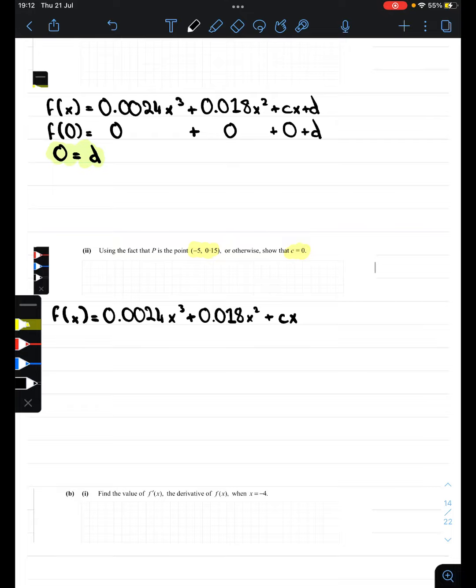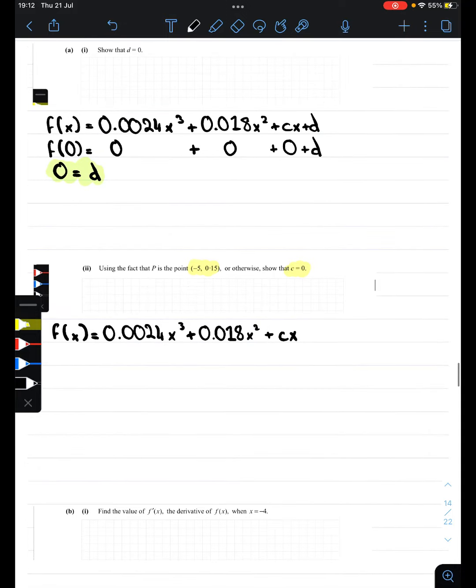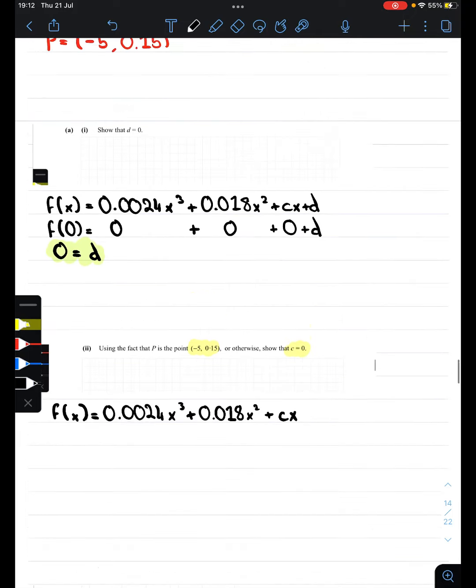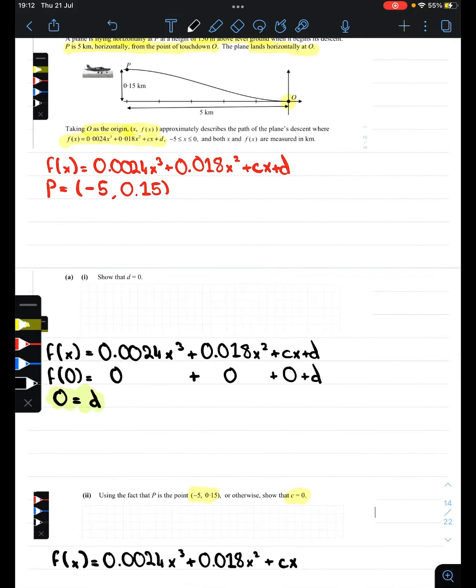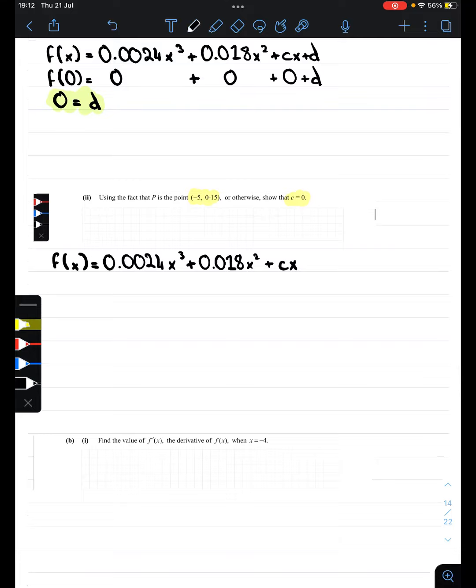Are there any points that we know, the x-coordinate and the y-coordinate, along the journey? Well, we know the origin, but it doesn't really help. What we also know is here, and that's the hint, using the fact that P is that point. So when x is minus 5, the function is equal to 0.15.